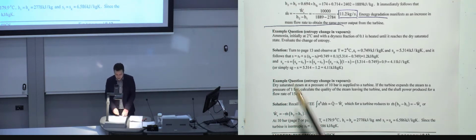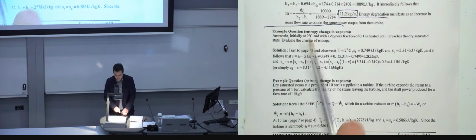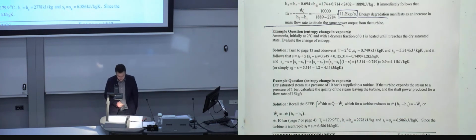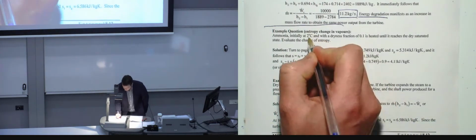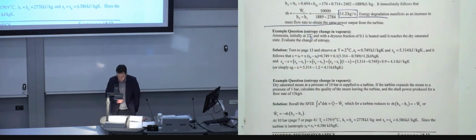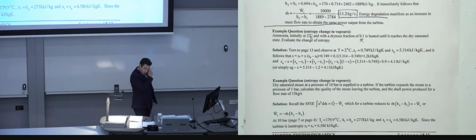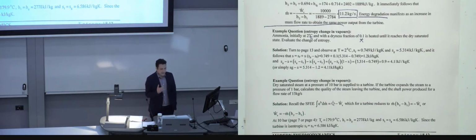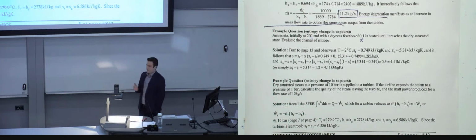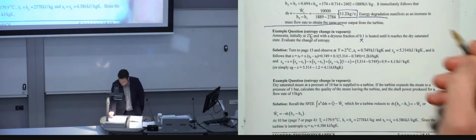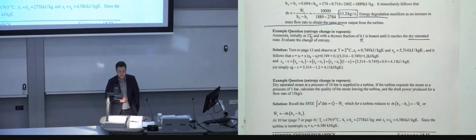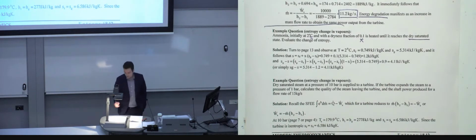We've got ammonia, and the initial temperature is 2 Celsius, so that's T1. The dryness fraction is 0.1, so your X is 0.1. It is then heated until it's dry saturated. Dry saturated means that X is now increased to 1.